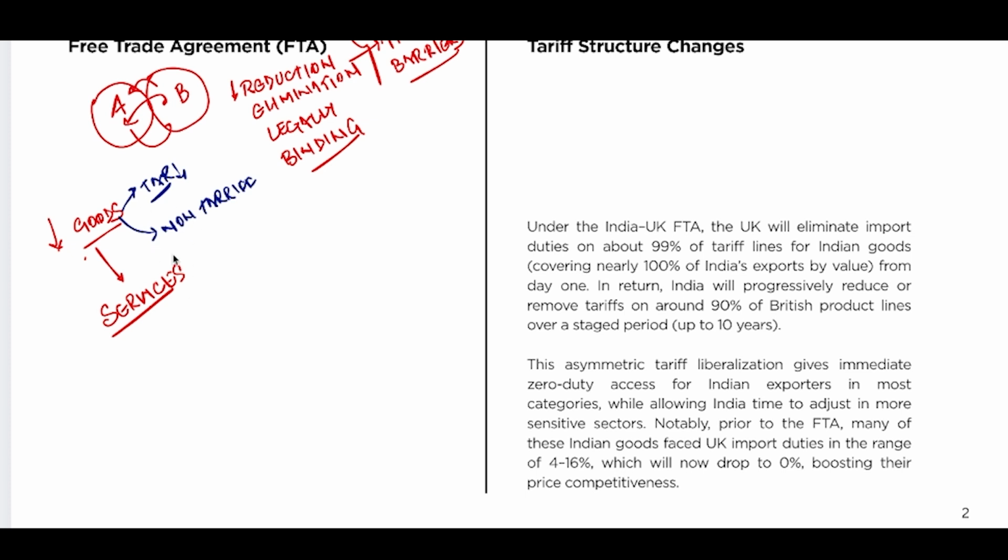And so, once there is a good level of confidence with respect to the preferential treatment of goods from one country to another, then the countries move towards services and investments, easing the trade barriers in services as well as investments by giving each other's service exporters preferential access to their own market.